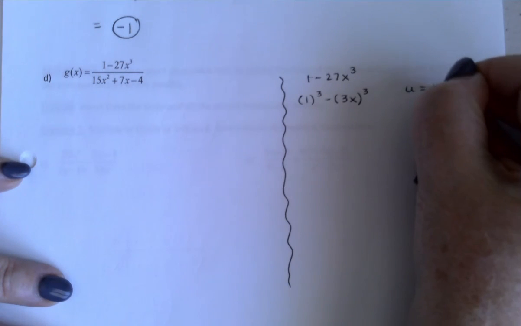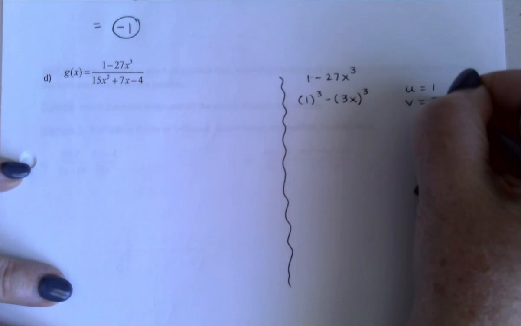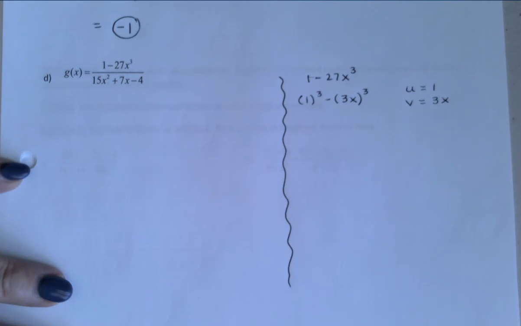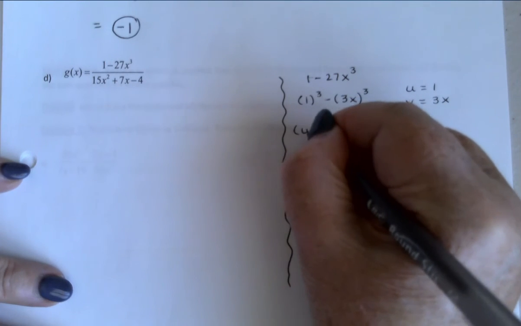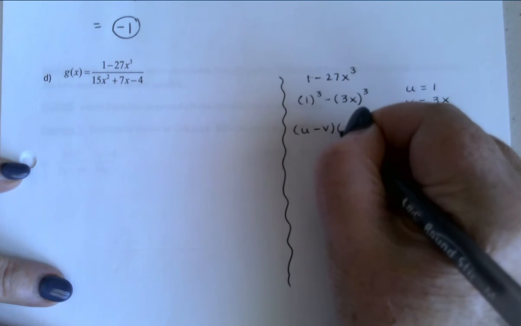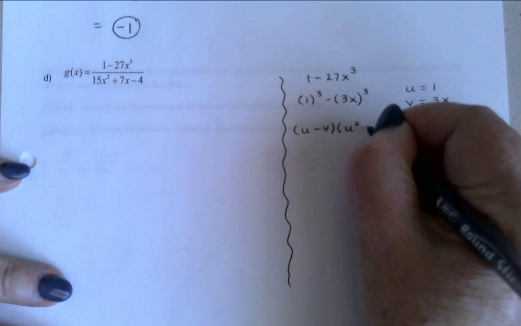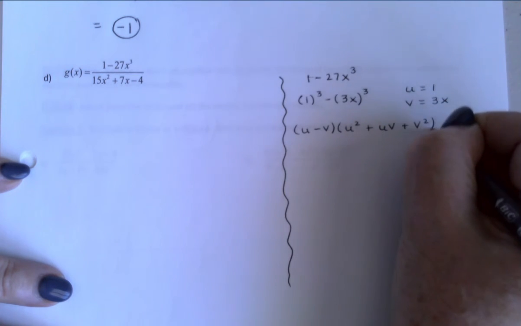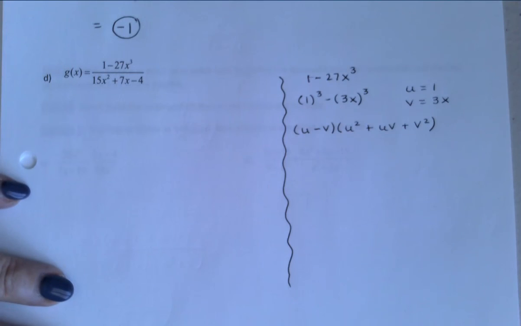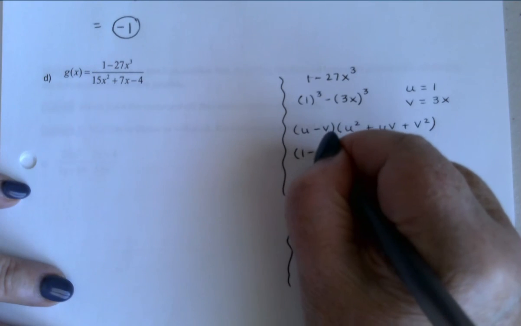So u is 1, and v is 3x. And I'll just remind you the difference of cubes formula looks like u minus v times u squared plus uv plus v squared. So u minus v is 1 minus 3x.